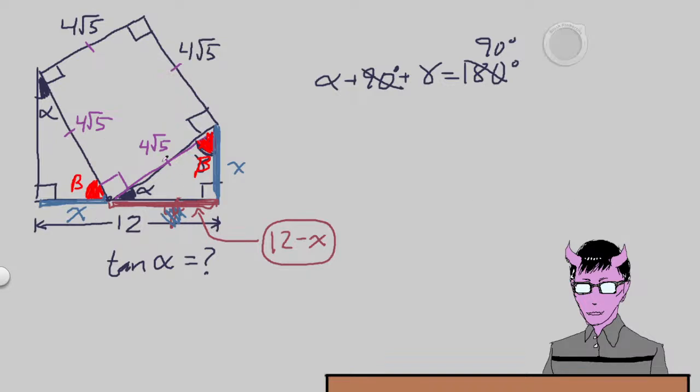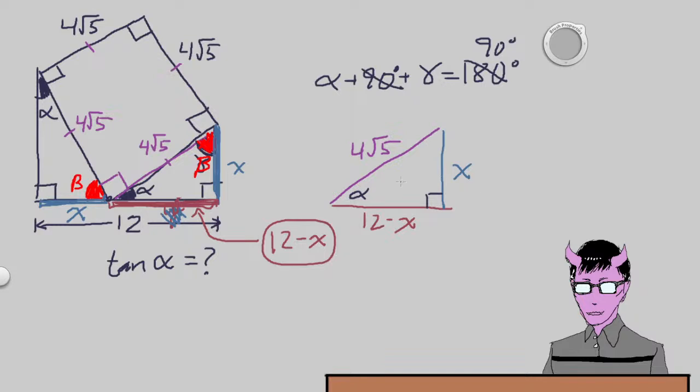So let's extract that just to clear the visuals. So again, the hypotenuse of this triangle is going to be 4 root 5. This muddied red thing is going to be 12 minus x from segment addition postulate, and then this side here, short leg is going to be x. Alright, which means we can, well, let me call this one alpha first and call this one 90.